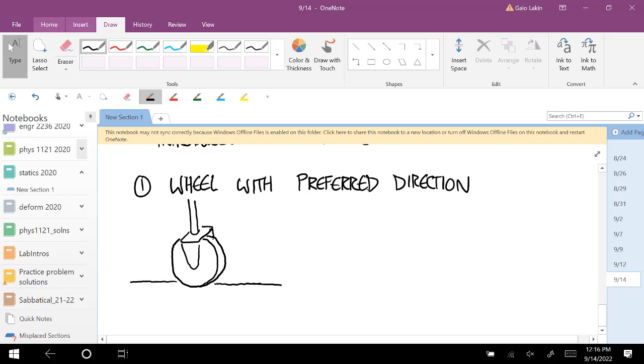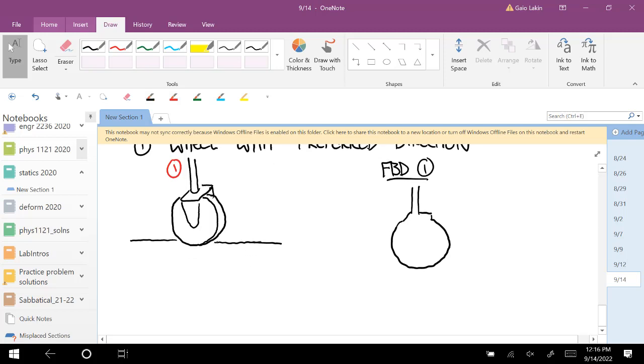That's right. And so, free body diagram. There's a normal force that's perpendicular to the surface of contact.